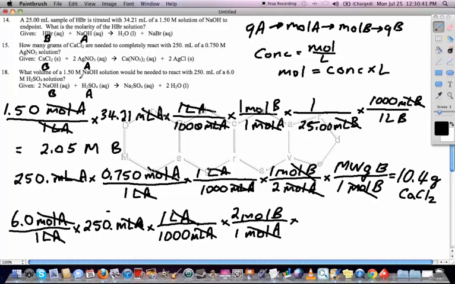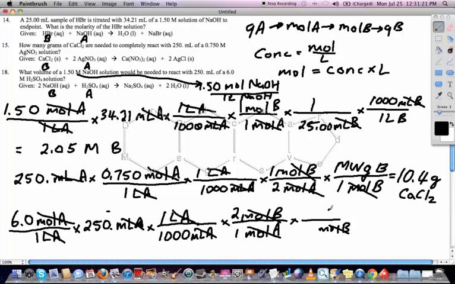And what we've got here is 1.50 molar sodium hydroxide. Now 1.50 molar, that's moles of NaOH per liter of NaOH. Alright, so we've got moles per liter. That's what this represents down over here. Now remember, I want liters, so what I'm going to do is put moles of B down here because I want that to cancel.